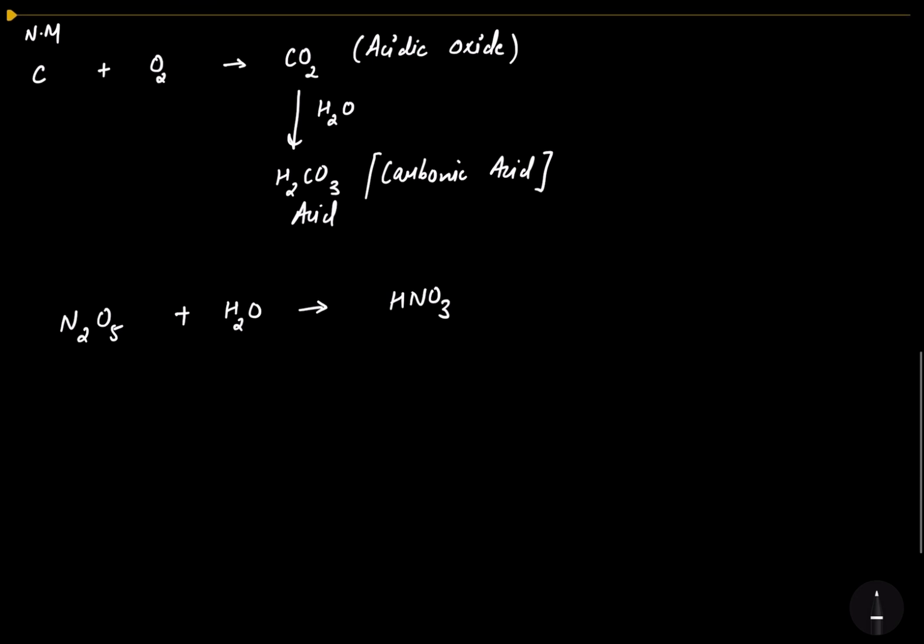So it's HNO3, nitric acid. So nitrogen pentoxide has formed an acid with water. That's why N2O5 will again be an acidic oxide, and again nitrogen is a non-metal.